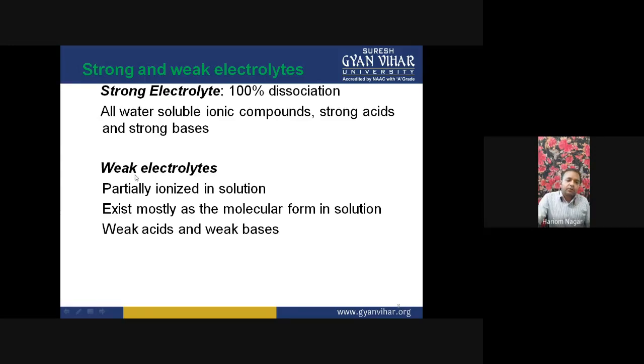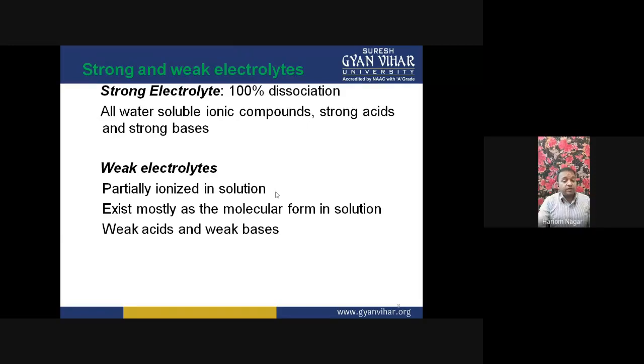Now the weak electrolytes are partially ionized in the solution. Suppose we dissolve 1 mole of a substance in the solvent, and only 0.1 mole of the substance gets ionized, while 0.9 mole does not ionize.